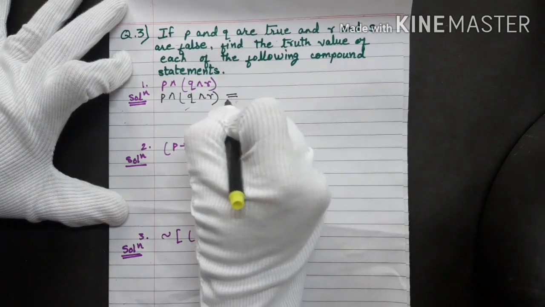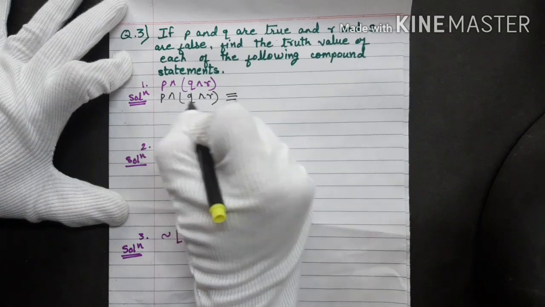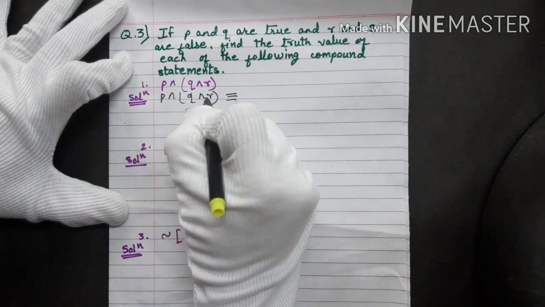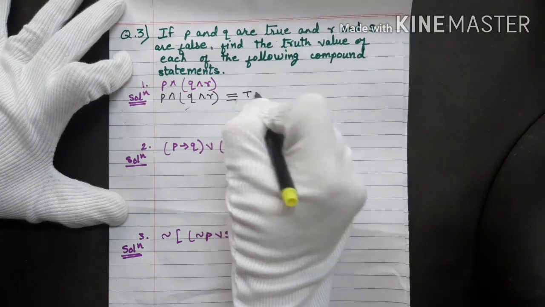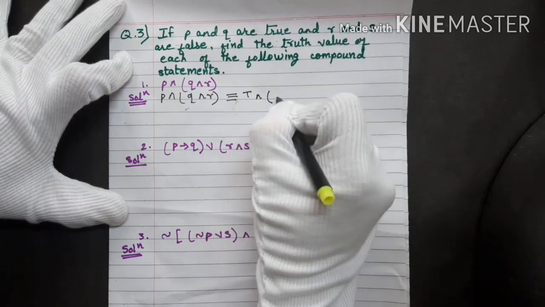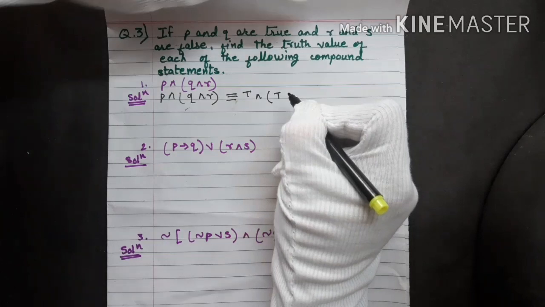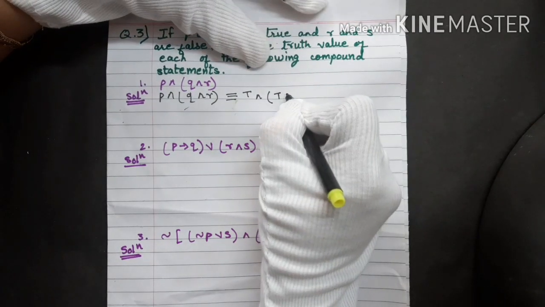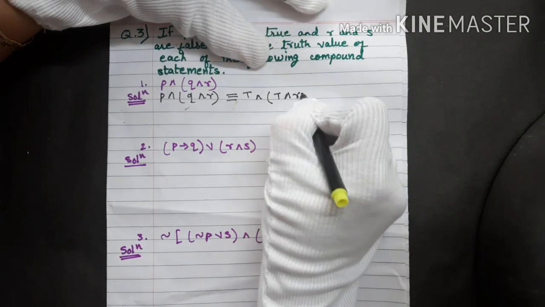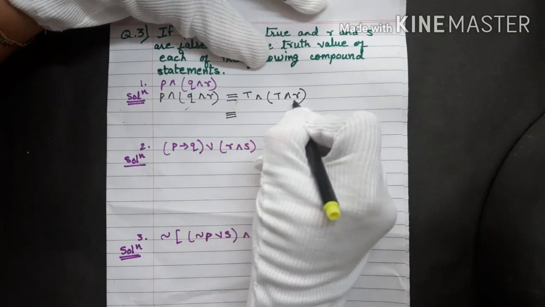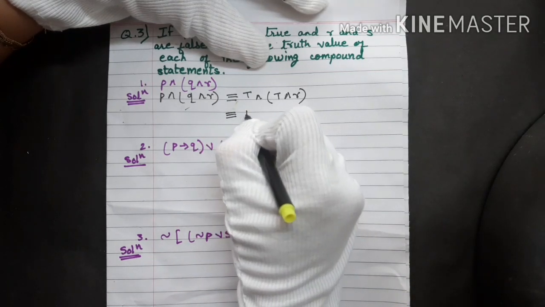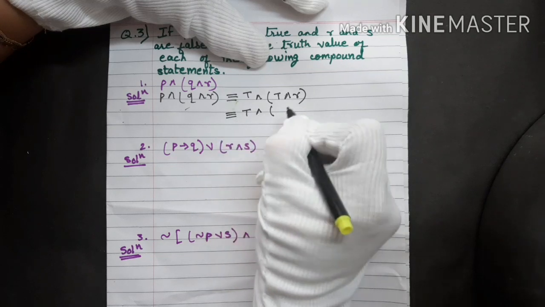It is equivalent to. Now we'll substitute the truth values. P and Q are true, R is F. So T and T and R. Okay, so this is equivalent to, first as I said, we'll solve the bracket first.